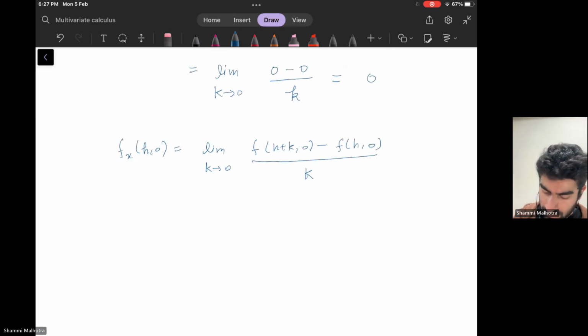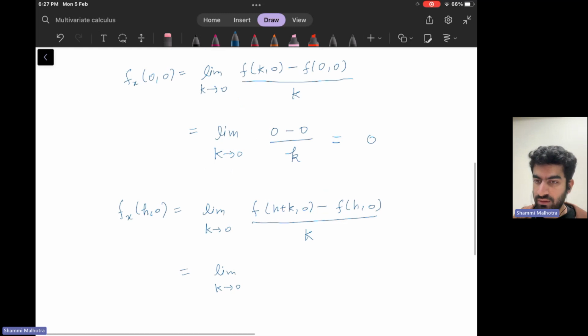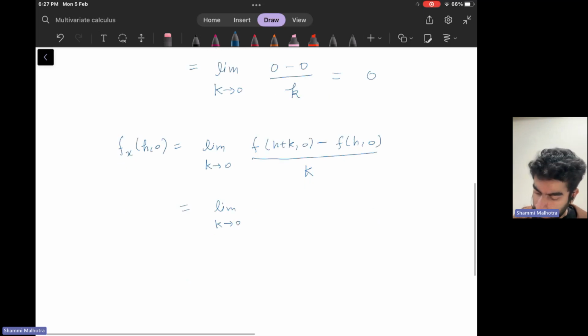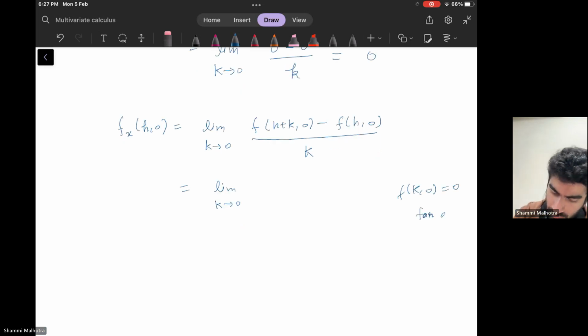As we have seen, f(k, 0) is 0 for any k.